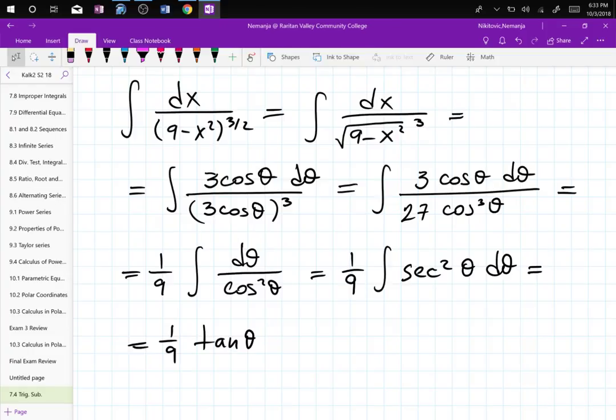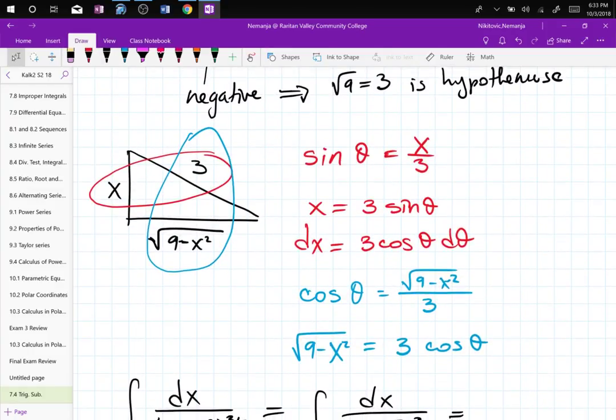How do you convert back into x? In my case, it's a joke, because all I need to do is to go and read what tangent is on this graph. And the tangent is opposite over hypotenuse, which is x over the square root. It's done like this to convert it back.